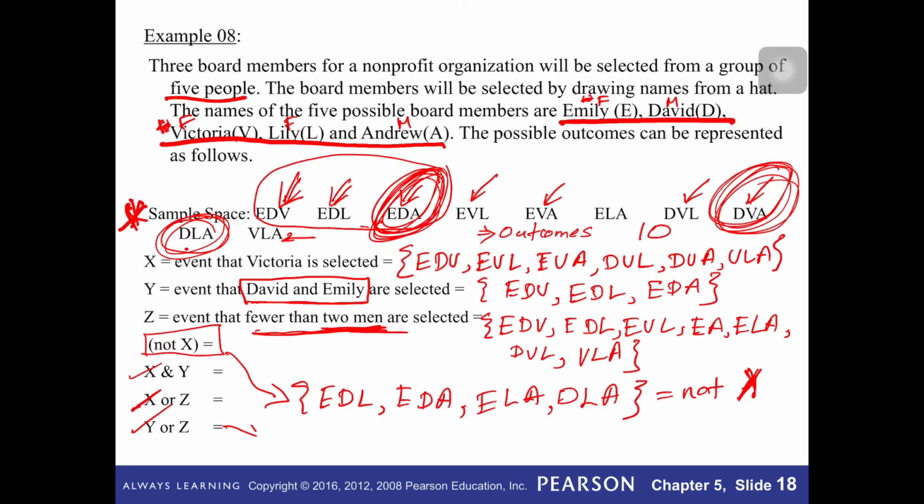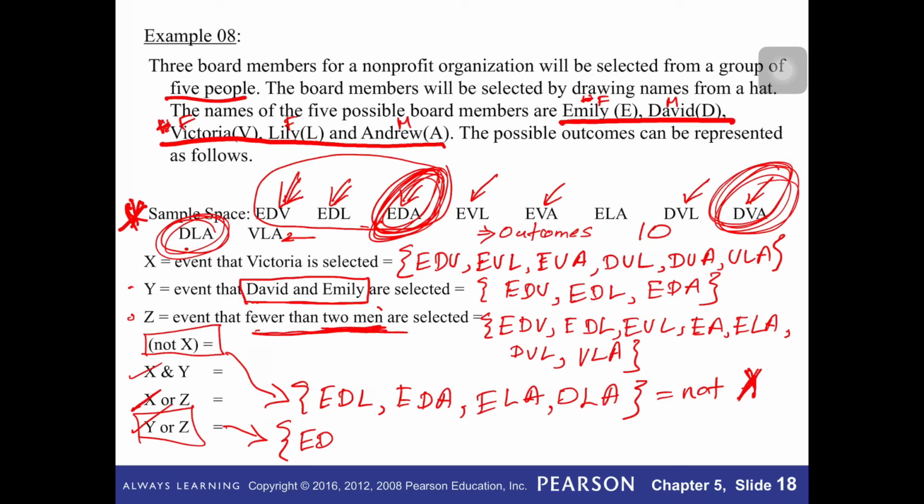I'll do this one as well: Y or Z, Y or C, Y and C. Y or C means everything that includes X and C and Y. So you can simply check these two, C and Y, and write them down.